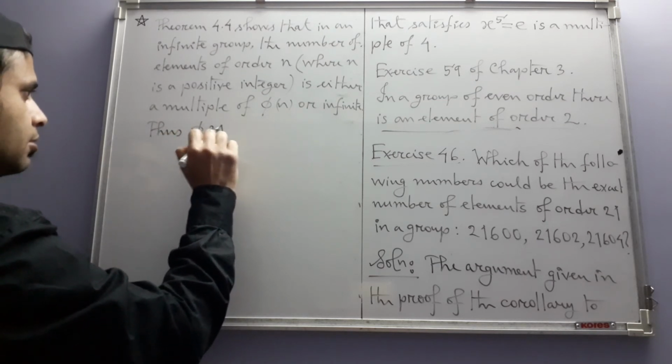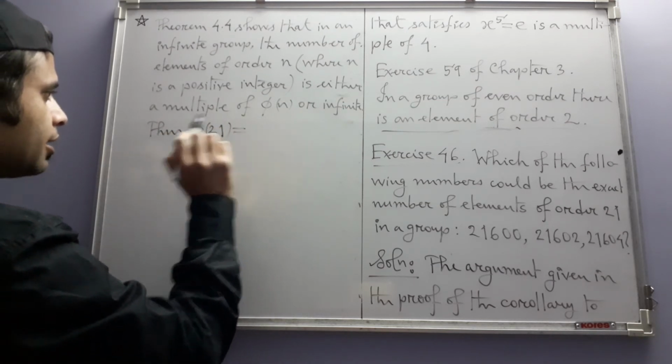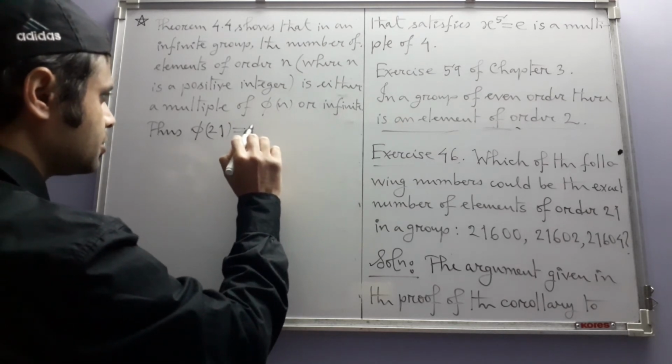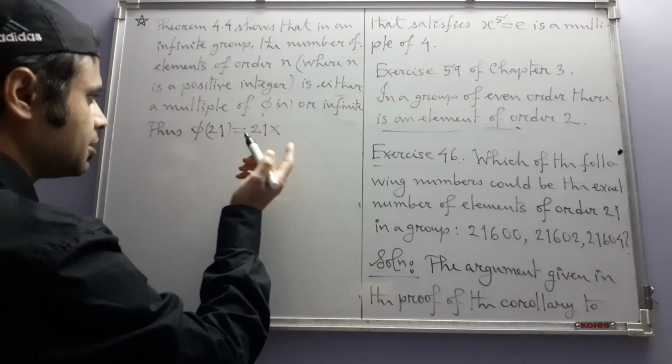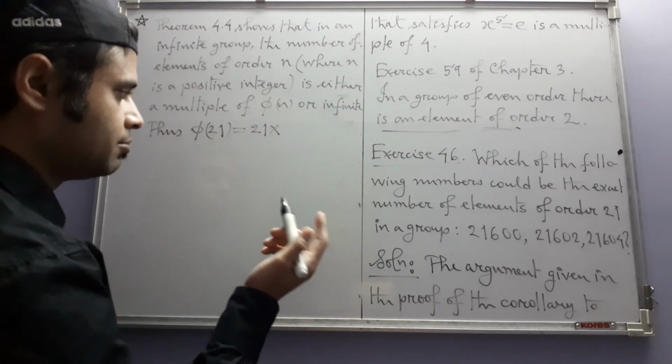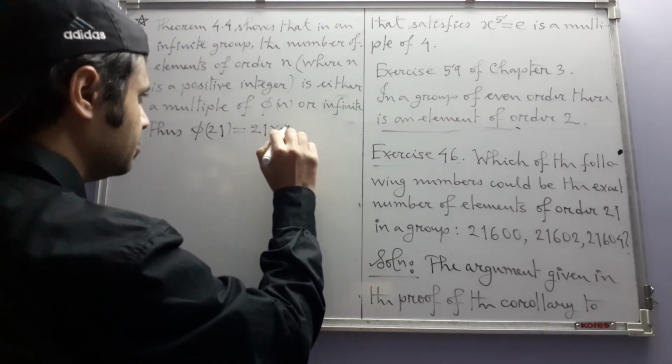phi of 21, which if you calculate is, let me just show the calculation also. 21 has two prime factors, 3 and 7.